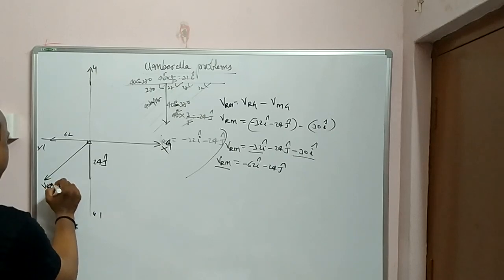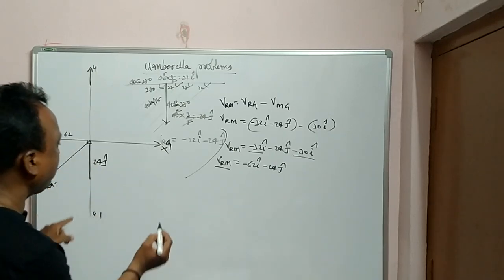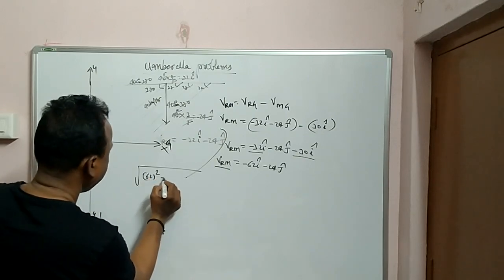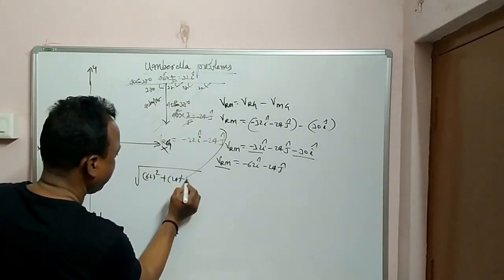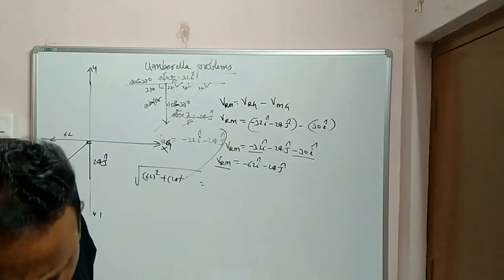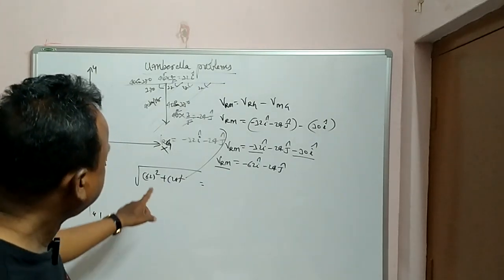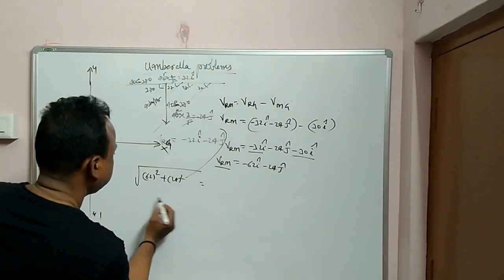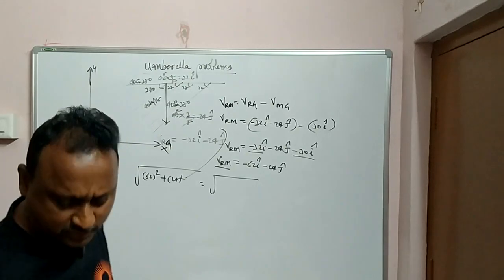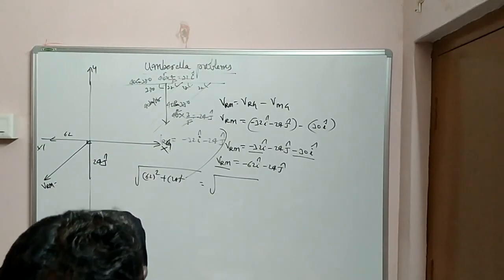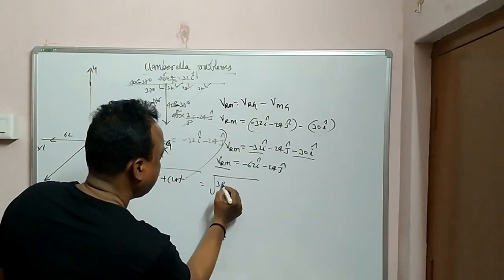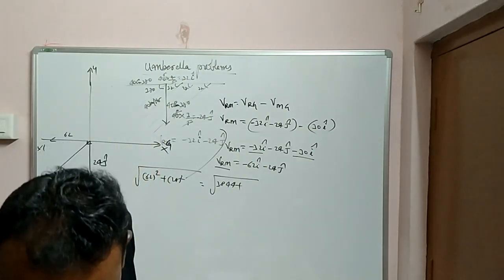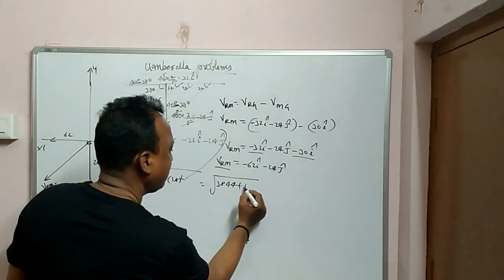Applying the parallelogram law, the velocity of the rain is root over 62 whole square plus 24 whole square. What is 62 square? 3844, plus 24 square, which is 576.